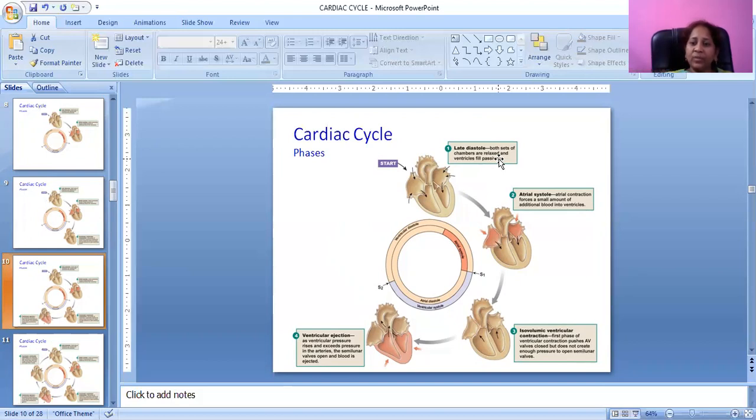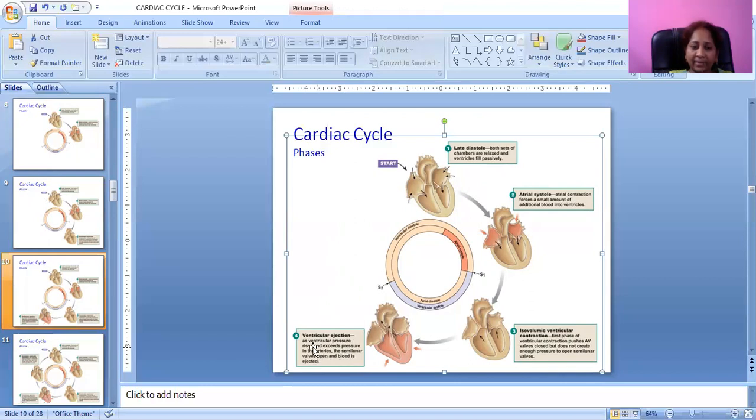Then isovolumic ventricular contraction: the first phase of ventricular contraction pushes the AV valves closed but does not create enough pressure to open the semilunar valves. Coming to ventricular ejection in this figure: ventricular pressure rises and exceeds the pressure in the arteries, the semilunar valves open and the blood is ejected.